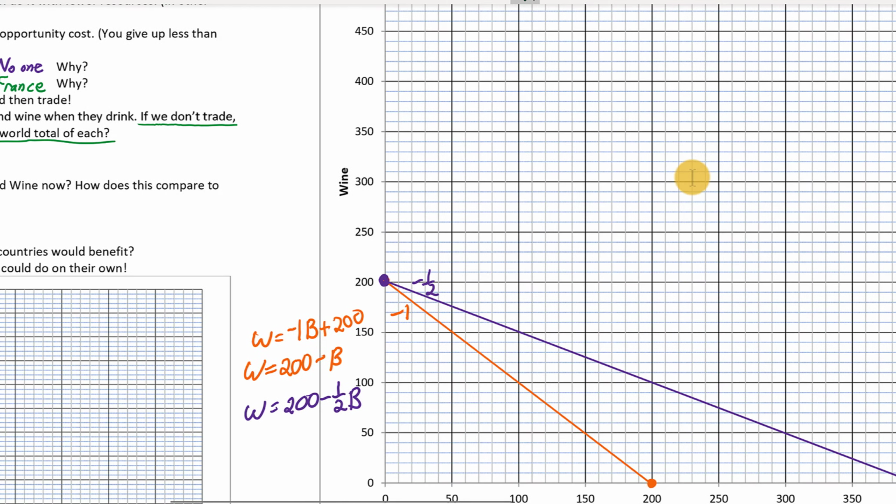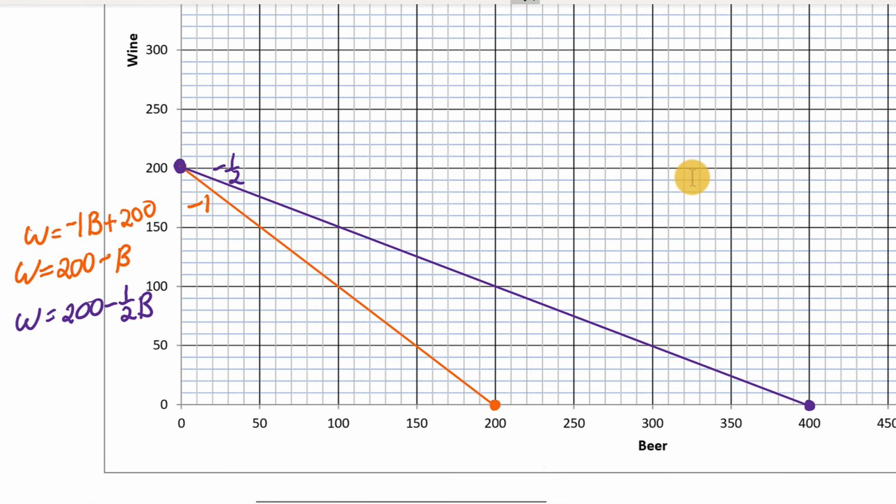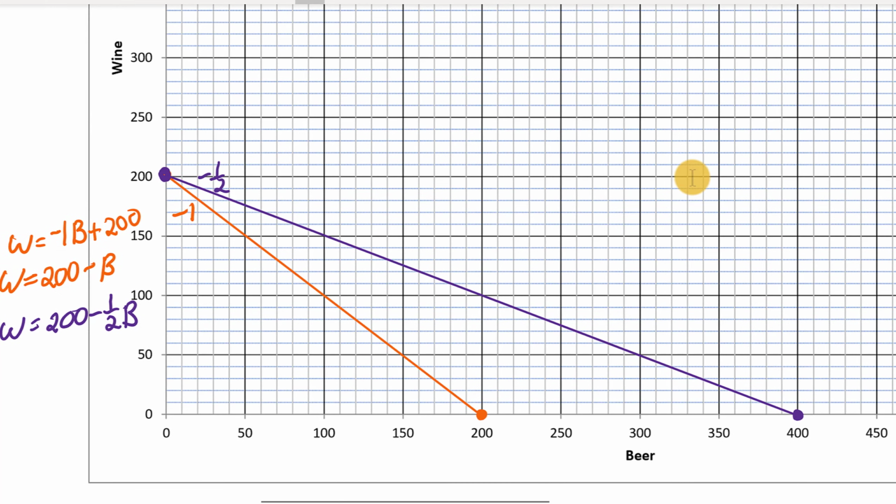Now we could do this algebraically or we could do this graphically. I'm a big fan of graphical solutions, so that's what I'm going to favor here whenever possible. So what I like to do here is draw what we call a 45-degree line, or x equals y line. I'm just going to draw a little line where the amount of beer and the amount of wine are equal.